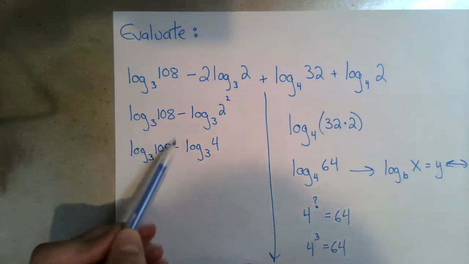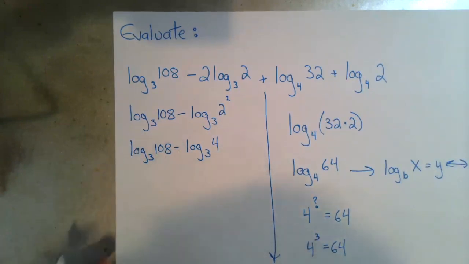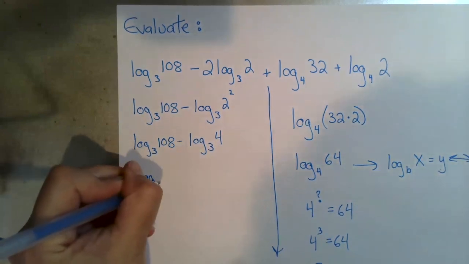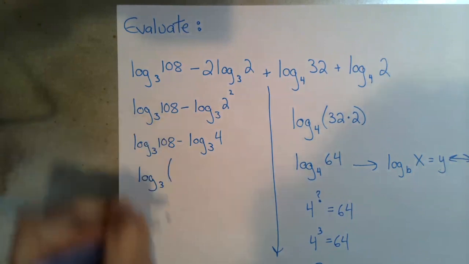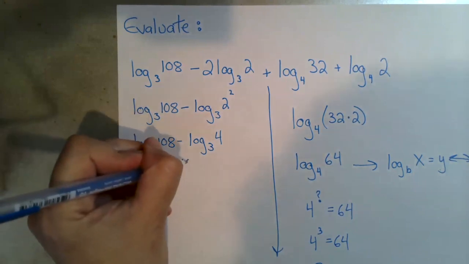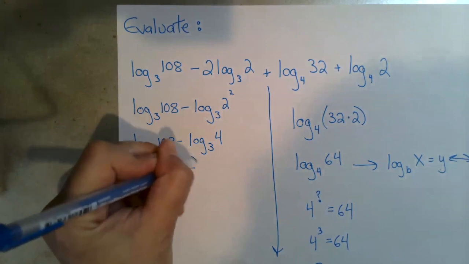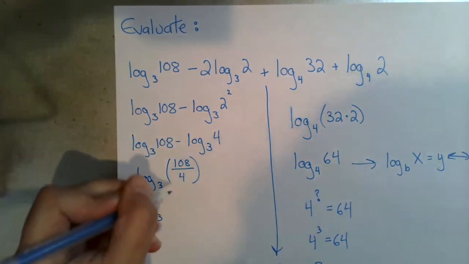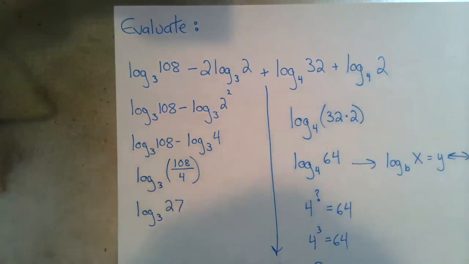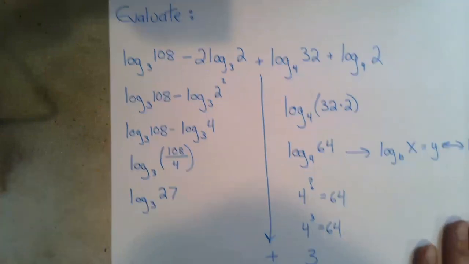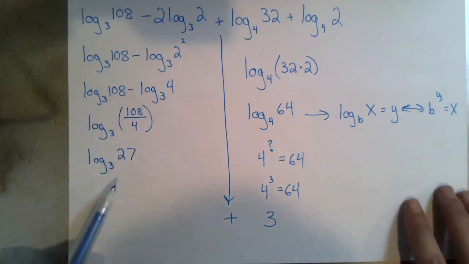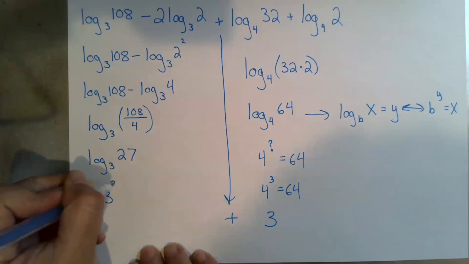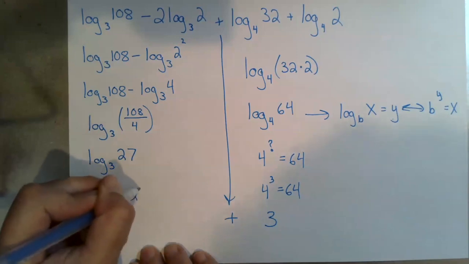Now I see subtraction, and I know that subtraction can be rewritten as division. So that's the log base 3 of the first term divided by the second term, or the log base 3 of 27. And now I apply my same thing here. 3 to the what equals 27?